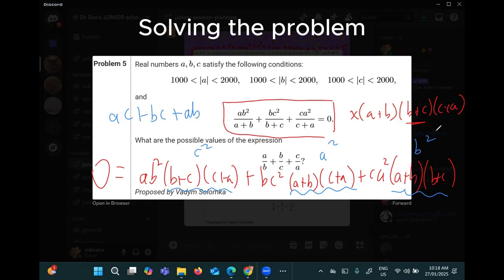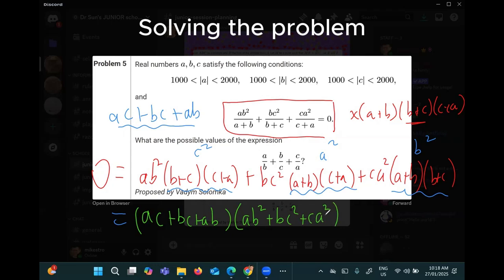So what you actually get is this thing here. I'll write it in green. So AC plus BC plus AB. That thing is in all of these, right? So you can write this as (AB squared plus BC squared plus CA squared) times it.